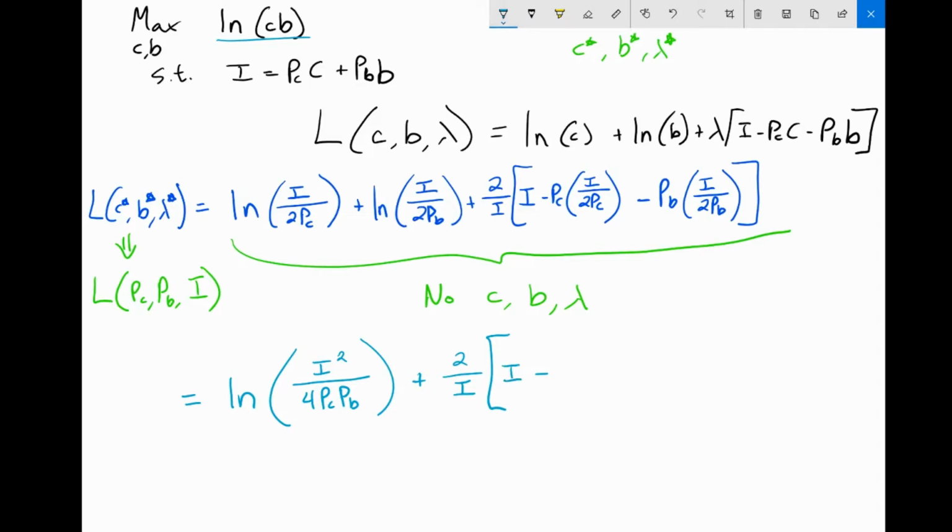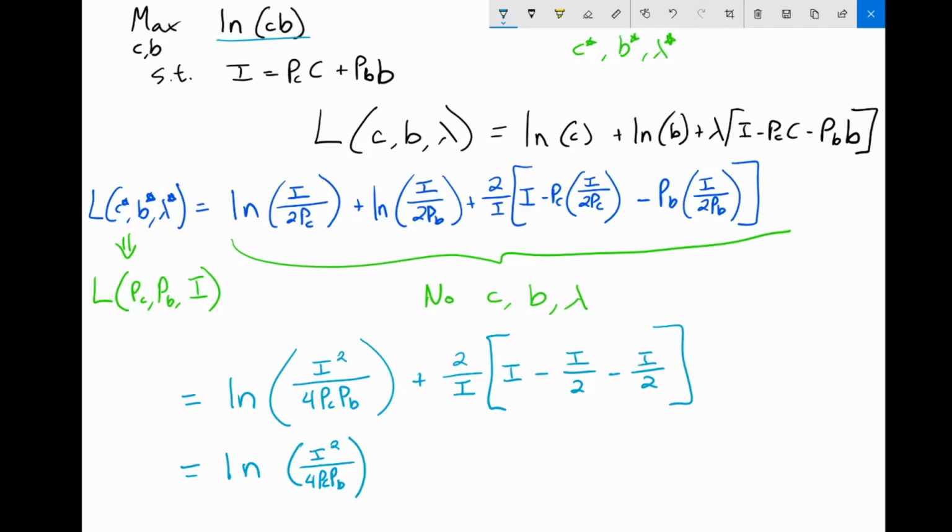Notice here that the PCs will cancel out, so you're going to get I over 2. And now the PBs cancel out, so again you're going to get I over 2. And so this all goes to 0. And so now this becomes natural log of I squared over 4 PC PB.